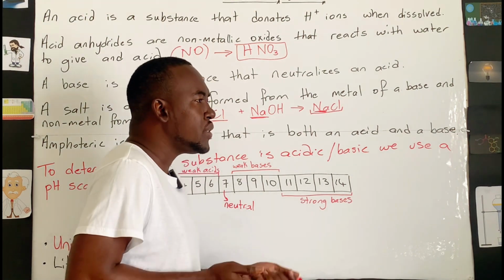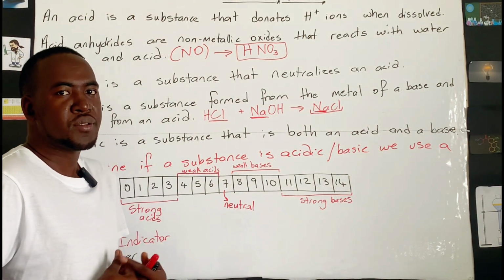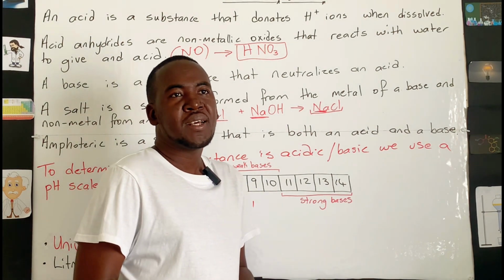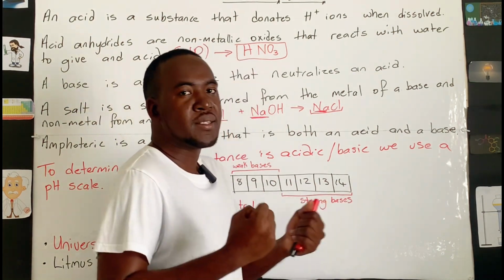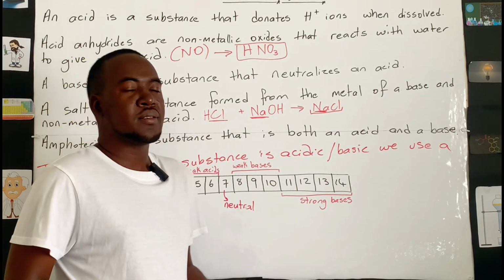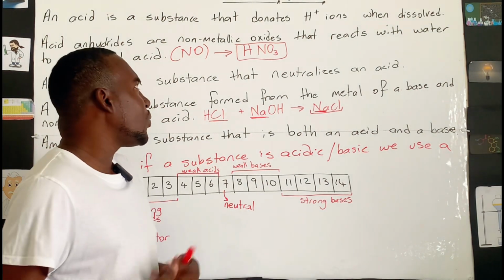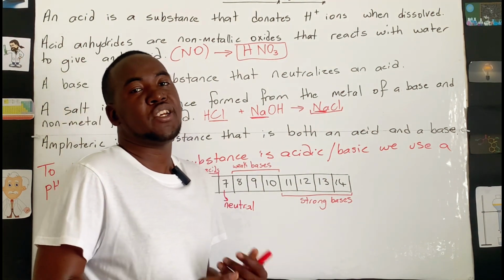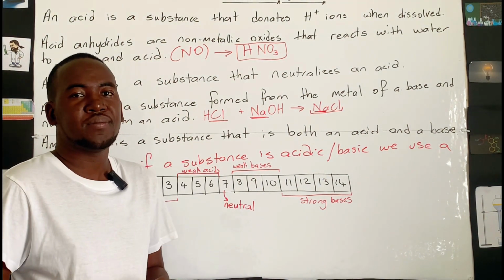So if you mix these substances with another substance, or just dissolve them in water, they will split apart and give away some H plus ions. What that tells us is that all acids must have hydrogen in their formula.